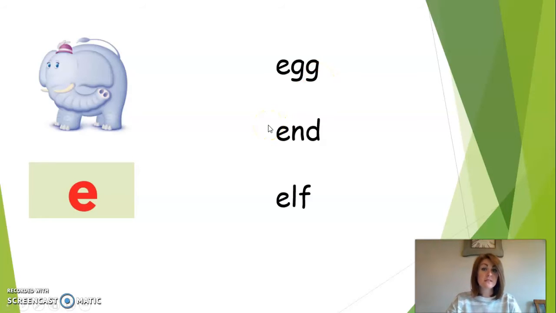Let's try to read this next word by saying the sound that each letter makes and then blending it together. End. That word is end. Like here is the beginning of a ruler. Here is the end of the ruler.